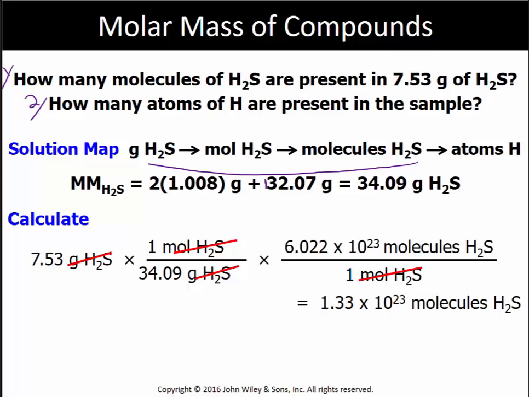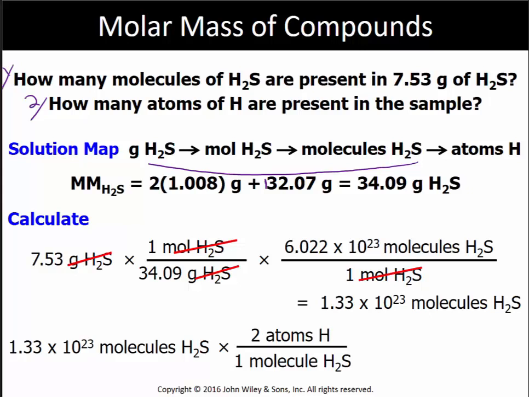Now let's look at the second part of this question. We want to know the number of hydrogen atoms in this sample. So we have the number of H2S molecules, and keep in mind that each H2S molecule has 2 hydrogen atoms. So using that as a conversion factor, you can find the number of hydrogen atoms.